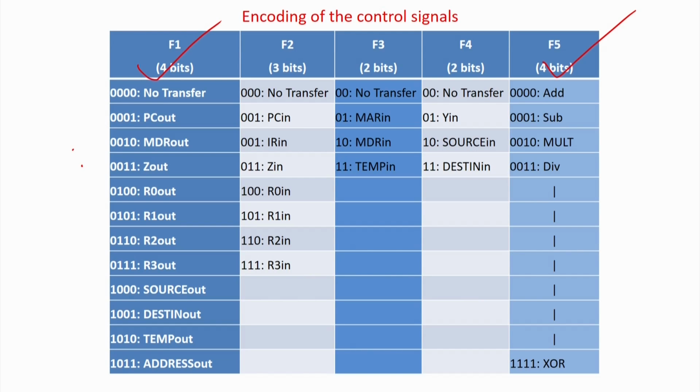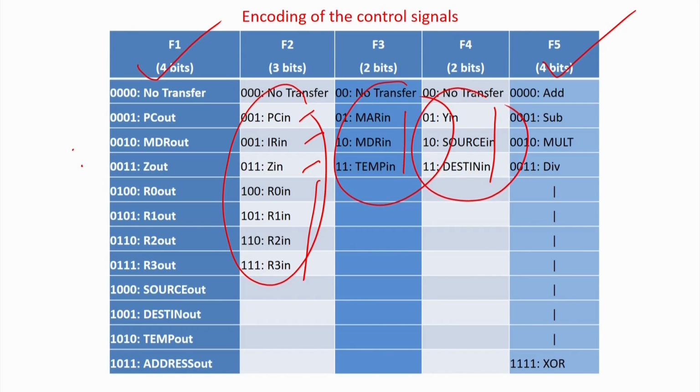In this case they have put PC in, IR in, Z in, all the registers in one cluster, MDR, MIR in one cluster, Y source in one cluster. So this clustering they have made based on some philosophy. They have thought that PC in and IR in, they are keeping in one cluster.